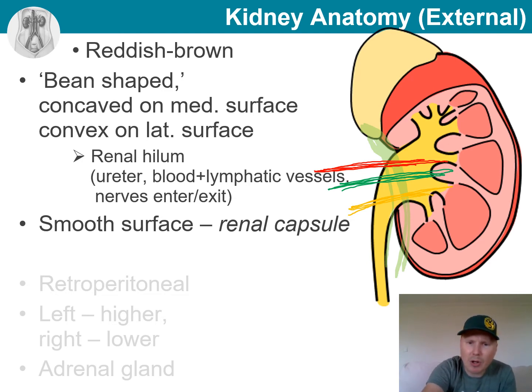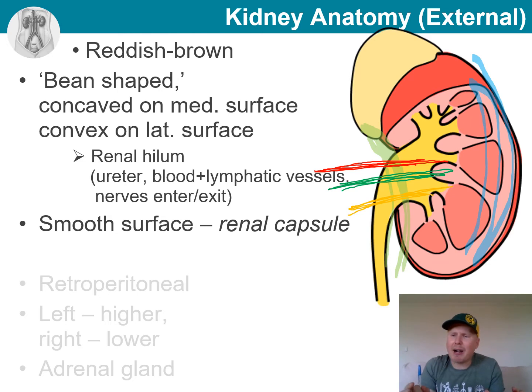And of course, the lateral surface is convex. And I want to mention that the kidneys are reddish brown in color.